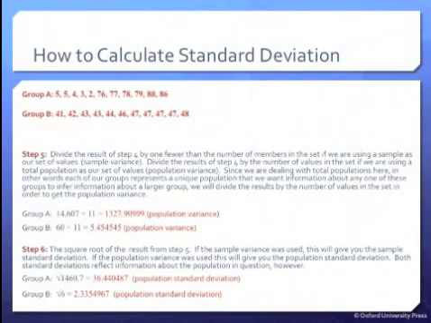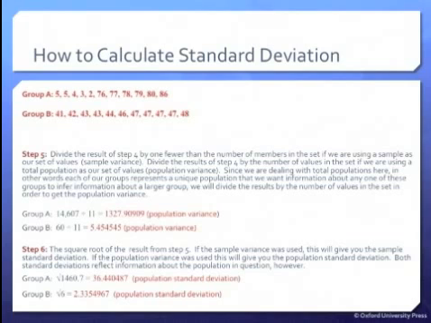By taking this route, we will be calculating the sample variance in order to calculate the sample standard deviation. For example, if I want to know what the standard deviation is for ages in the entire population of U.S. citizens, and I use a sample of U.S. citizens to calculate the standard deviation, then I would take the route of first calculating the sample variance in order to calculate the sample standard deviation.